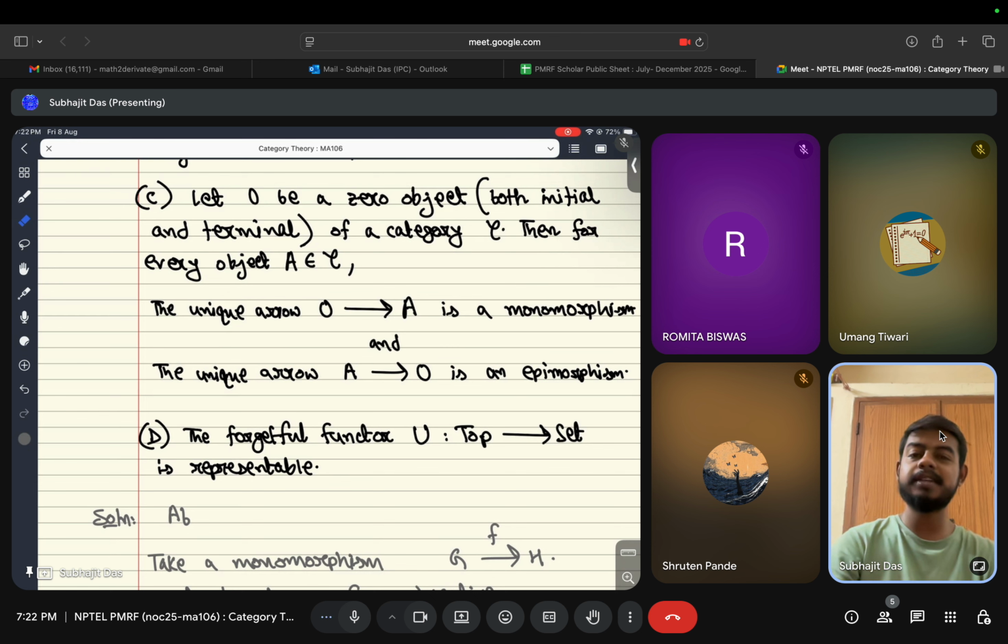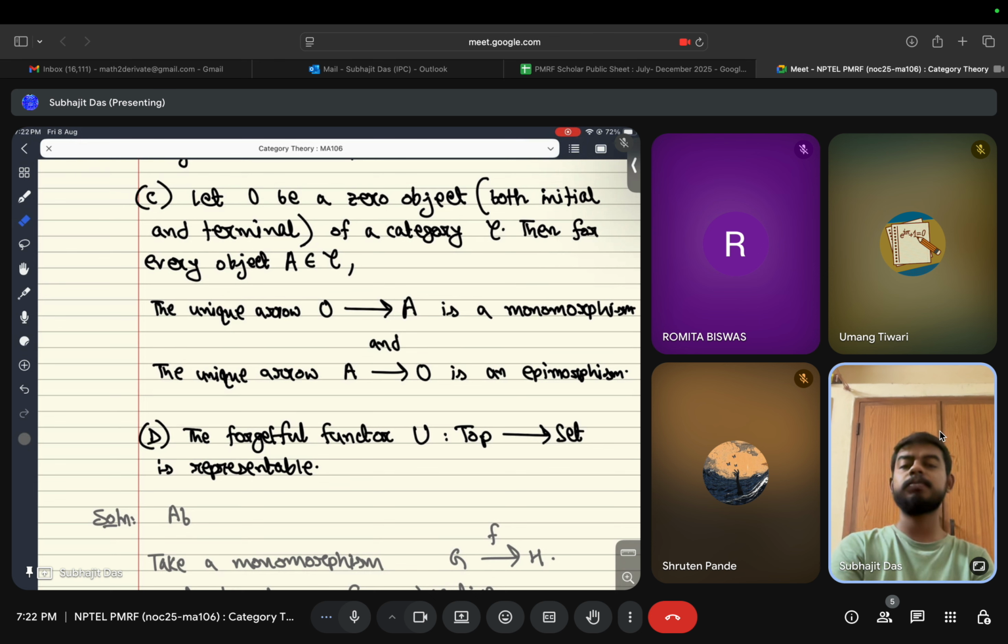0 is a zero object, which implies that 0 is an initial object, which implies that for every object A in C, there is a unique arrow from 0 to A. Is this arrow a monomorphism? Think about this carefully.